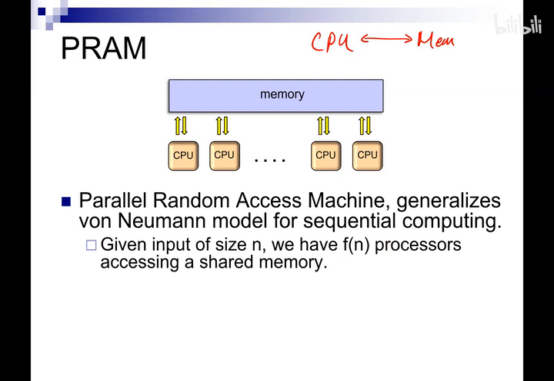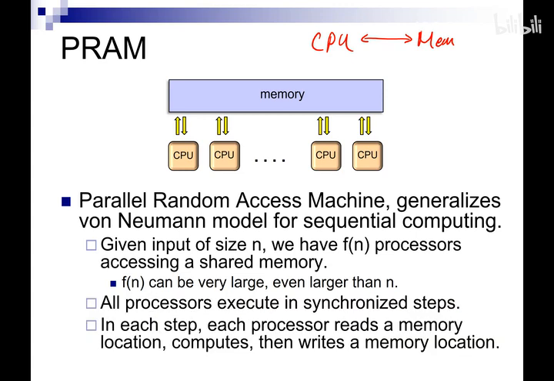So maybe we want to use square root of n processors, or maybe we want to use n log n processors. So we get to select how many processors we want to use. And f of n can actually be very large compared to n. So for example, if you're sorting a million numbers, in the PRAM model, you're allowed to use 1 million processors. You're even allowed to use more than 1 million processors.